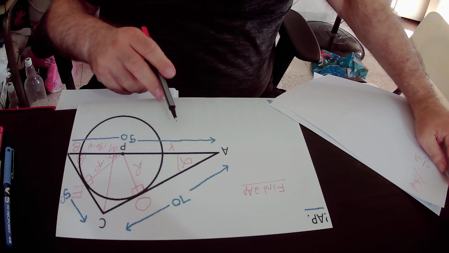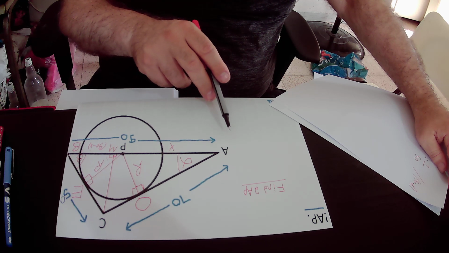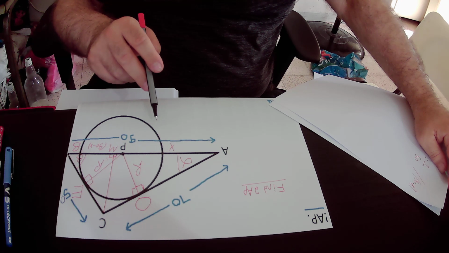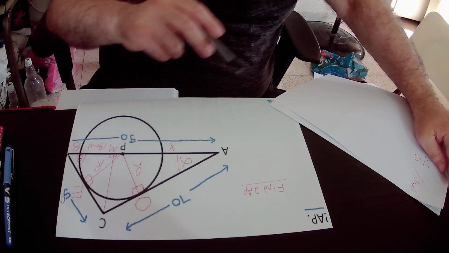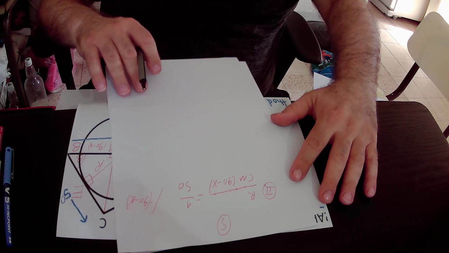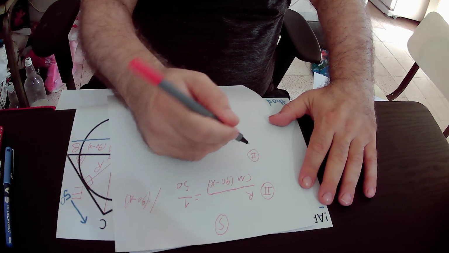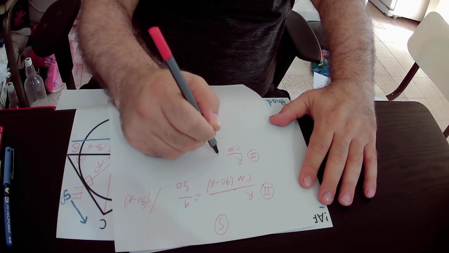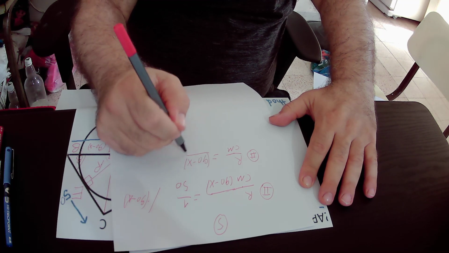Because X is less than 90 units, X is AP, and the 90 units is AB, that is bigger than X, so 90 minus 6 is a positive number, it can never be 0, so it is allowable to multiply both sides of this equation by 90 minus 6. So we'll get that R over CM equals 90 minus X over 50.